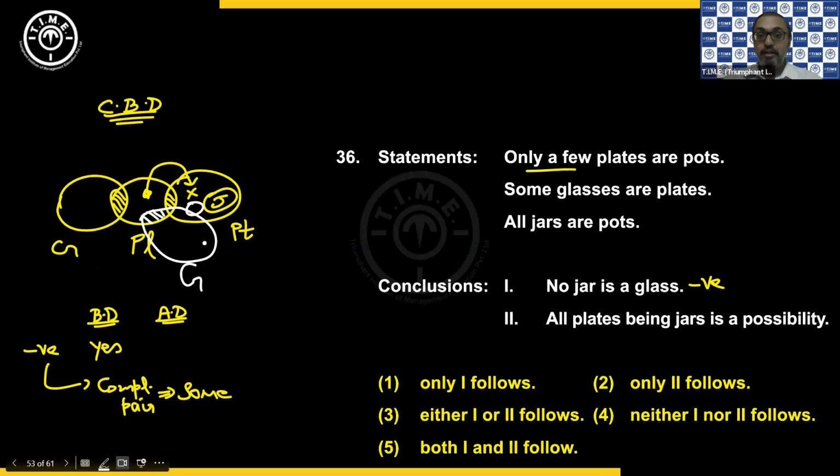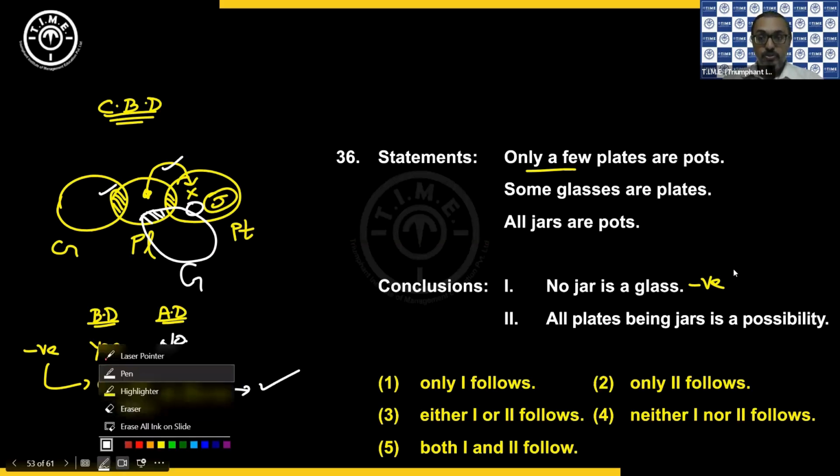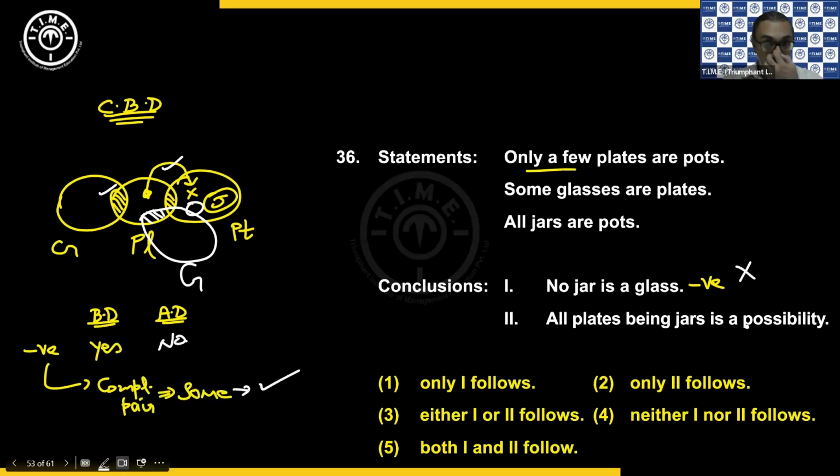I can move anywhere I want as long as I'm maintaining my original relations. The original relations are still maintained, correct? So I am able to move it. So some jars are glass is definitely possible. That means the given negative does not follow. So conclusion 1 does not follow.